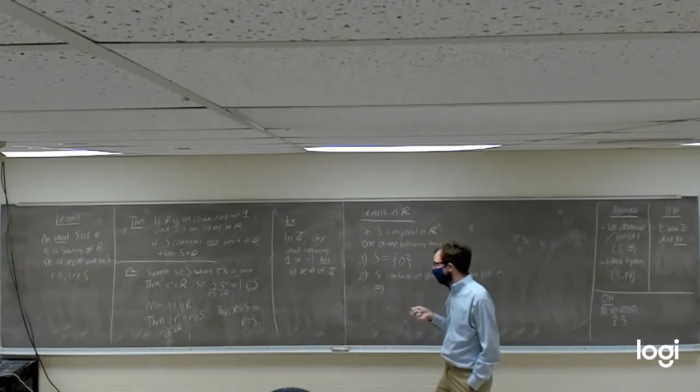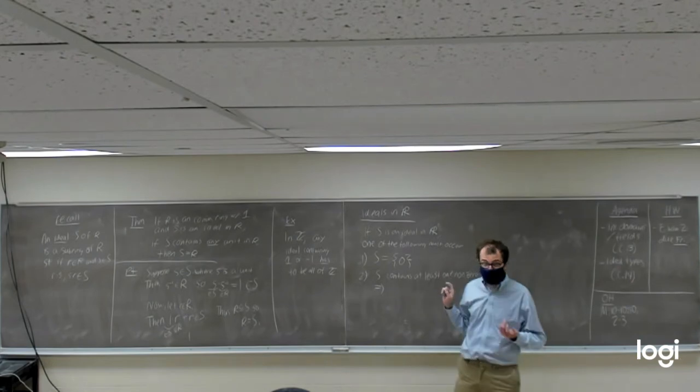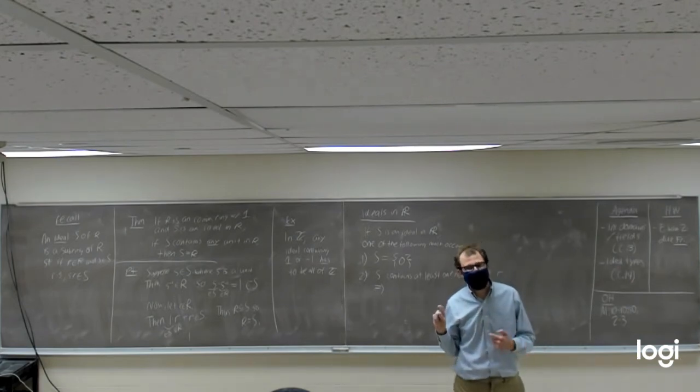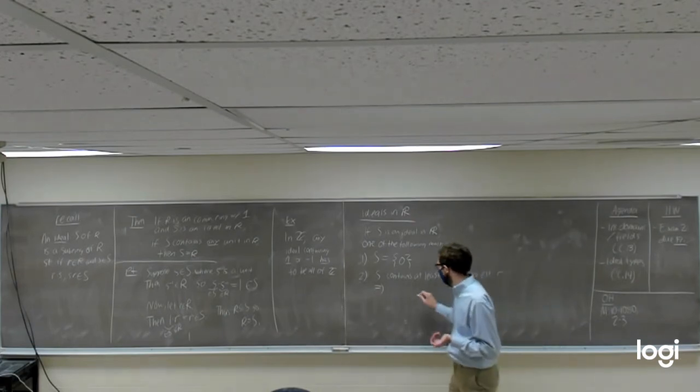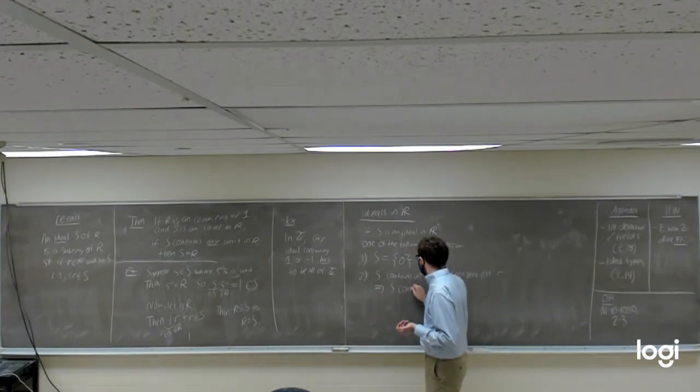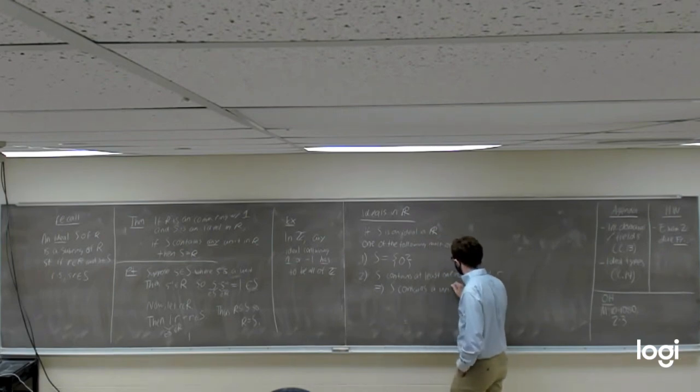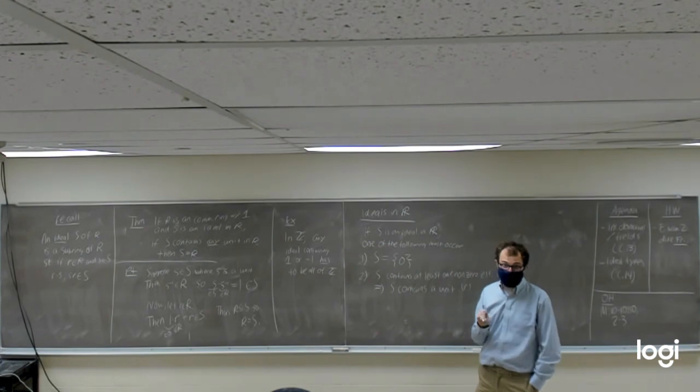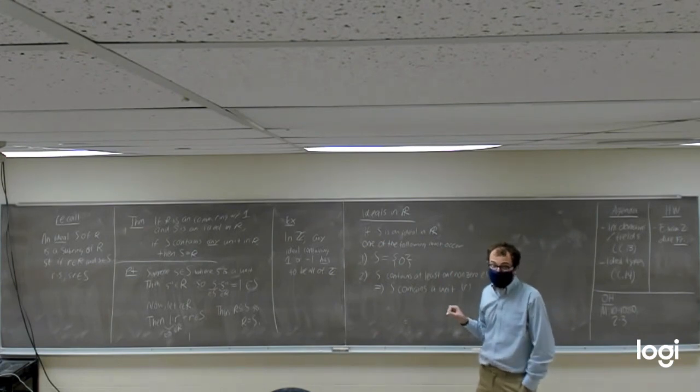But if r is not equal to 0, then since the ring of all real numbers is a field, r has to have a multiplicative inverse. So that means S contains a unit, namely r, because anything non-zero in the ring of real numbers is a unit, because real numbers are a field.